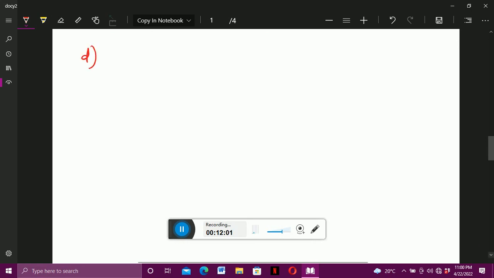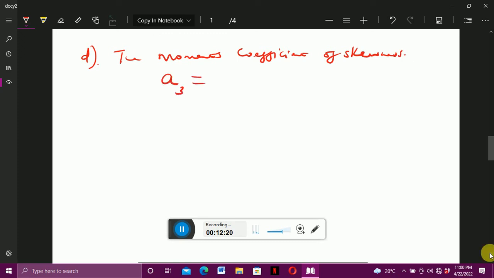Now the last one we are going to mention is the moments coefficient of skewness. It is given by the formula A3, which is mu3, the third moment about the mean, divided by the square root of the second moment about the mean, and all that cubed.